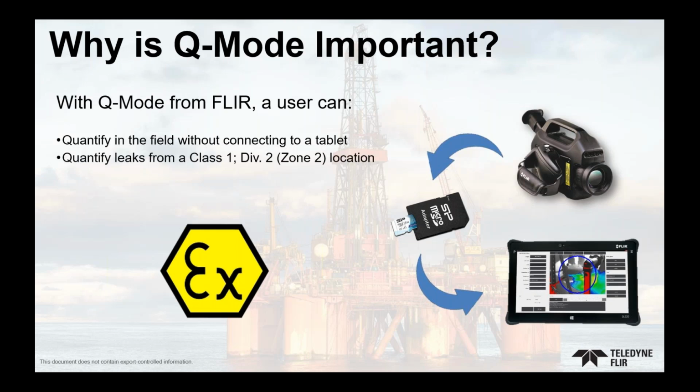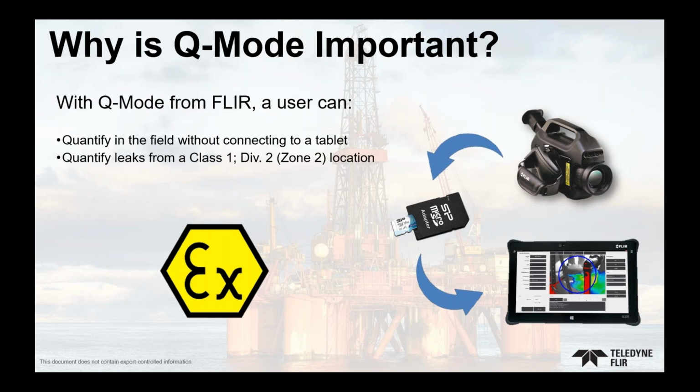The important aspect to Q mode is that you can take the camera in the field with its 8x classification, because if you use the tethered mode, of course, you need to connect the camera to the tablet, and for that connection to take place, you have to unlock the compartment door on the back of the camera by utilizing the tool that we provide, opening that up so you can get access to the USB socket.